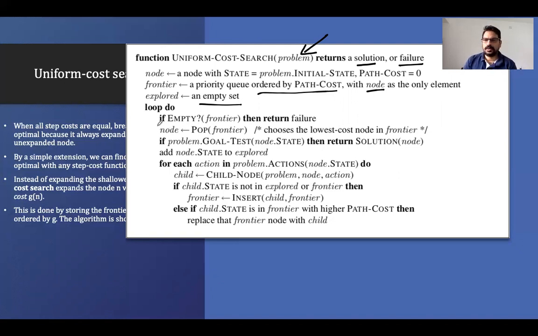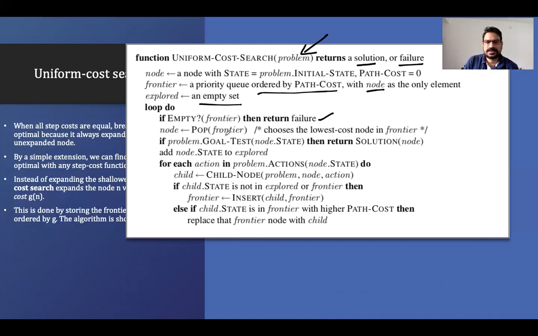Now we'll apply the loop. In the loop, the first condition is if the frontier list is empty, meaning no nodes are left to explore. If no nodes are left to explore and we didn't find the solution, then there is a failure.